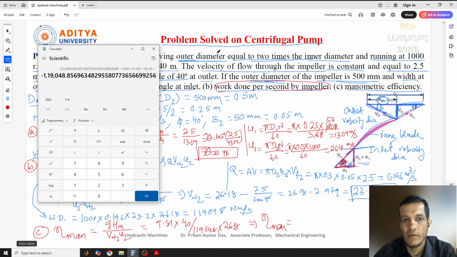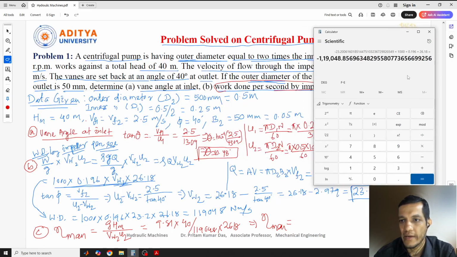So this one, I'll make it 0 now. In the numerator, we have 9.81 into 40 and divided by bracket start 119,048 multiply 26.18 bracket close.